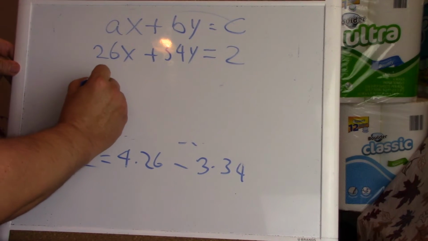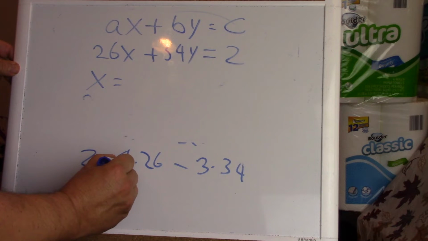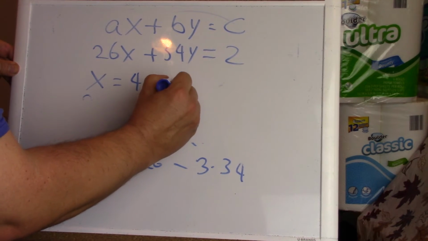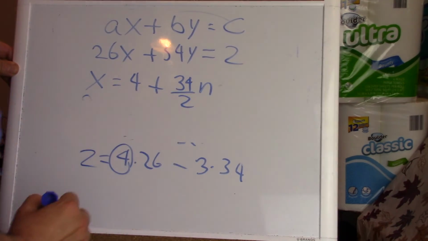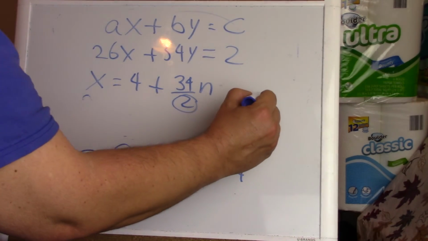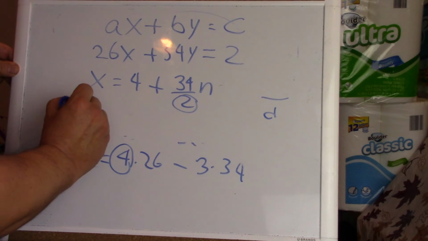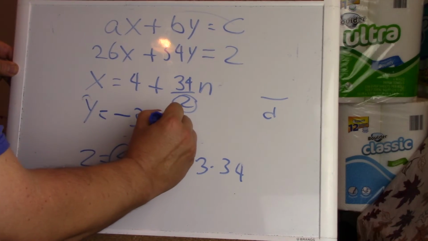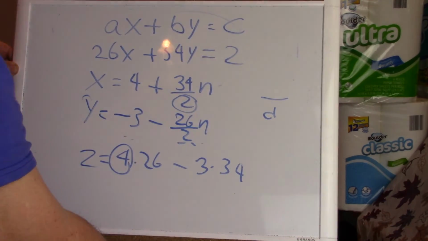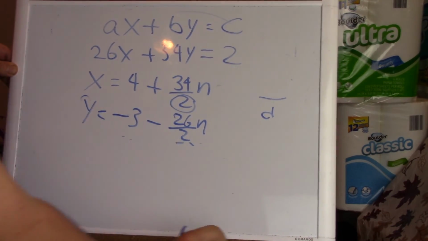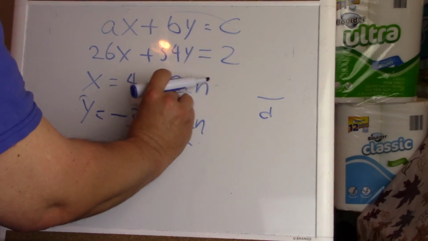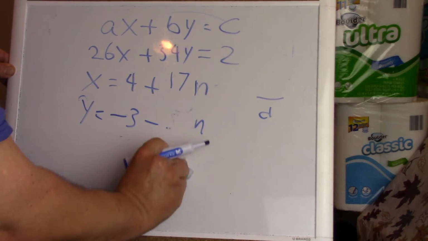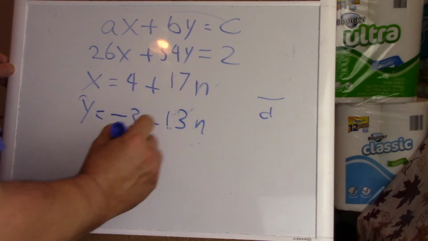And then the equations are x equals 4 plus 34 over 2, and never forget the d, right? And then y is minus 3 minus your a divided by 2. So that is 17, and that is 13.